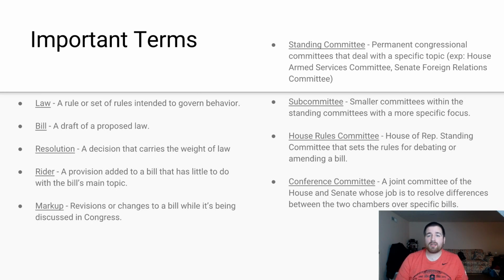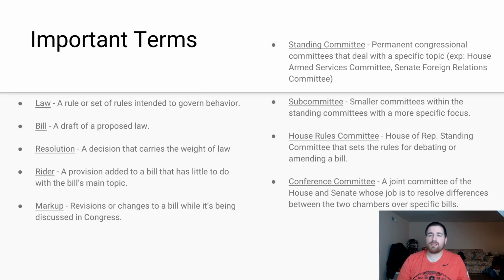A standing committee is a permanent congressional committee that deals with a specific topic. For example, the House of Representatives Armed Services Committee is the House committee that deals solely with the armed forces, and the Senate Foreign Relations Committee is the Senate committee that deals specifically with relations with foreign countries.